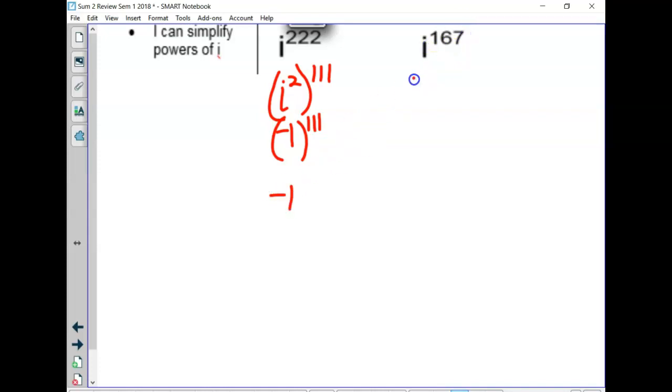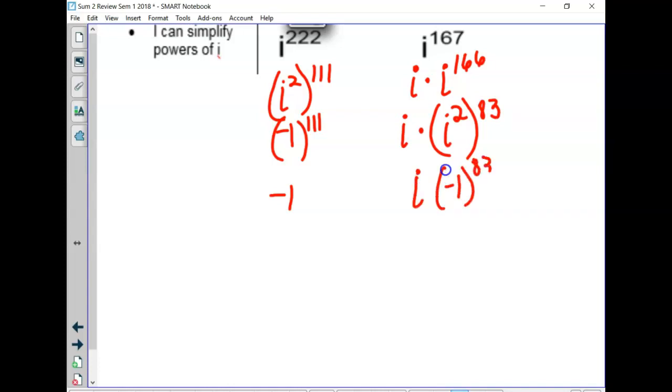If it's odd, I don't know how to divide it by 2, so I'm going to make it even by taking 1 out, but I'm just going to ignore the 1 out front. 83 times. i squared is -1, to the 83rd would be what? -1. So we get -i or -1i, however you want to write that. More practice on those?